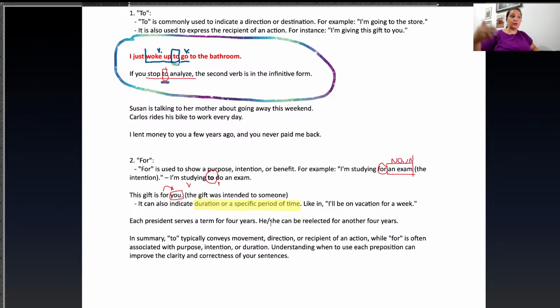Ele serve por 4 anos e pode ser reeleito por mais 4 anos. And then he has to leave. This is true for us here in Brazil, hopefully, for the next years. It won't change. In the United States as well. So, a president can only serve 2 terms of 4 years. So, he will serve for 4 years. Okay?